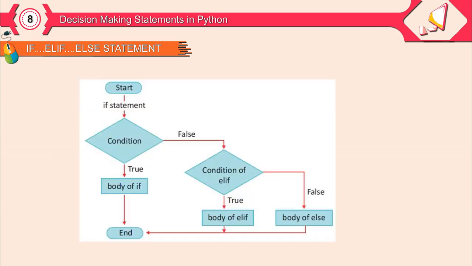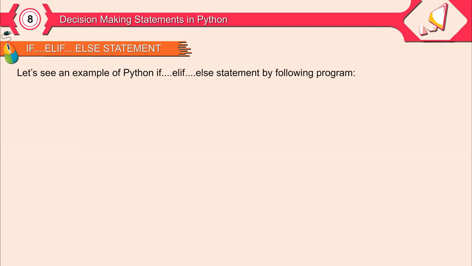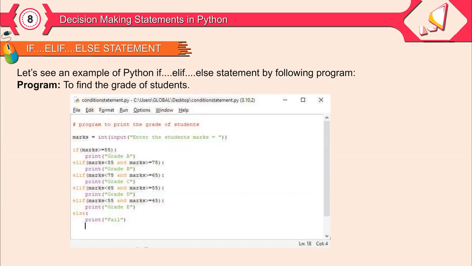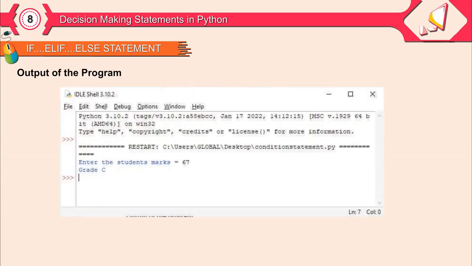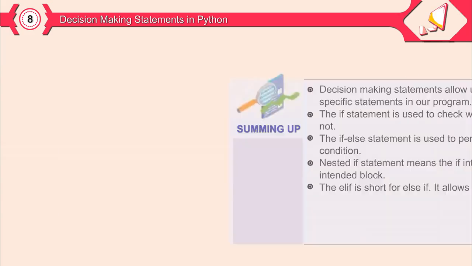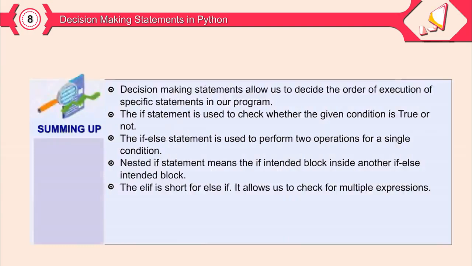Flowchart: start, if statement, condition, true, body of if, end; false, condition of elif, true, body of elif; false, body of else. Let's see an example of the Python if-elif-else statement in the following program. Program to find the grade of students. Output of the program.